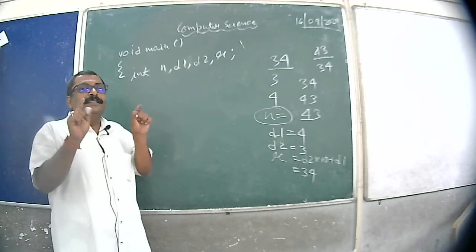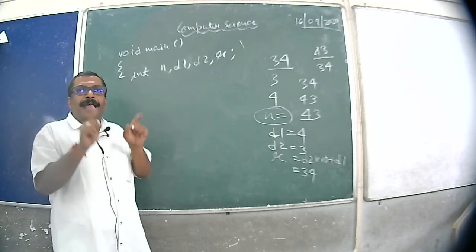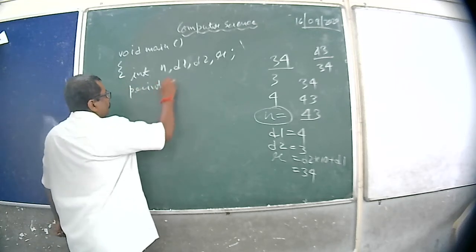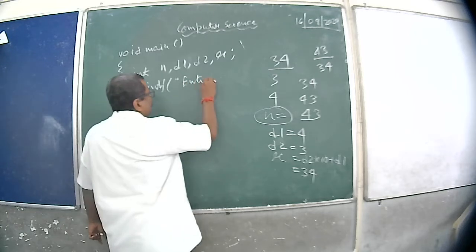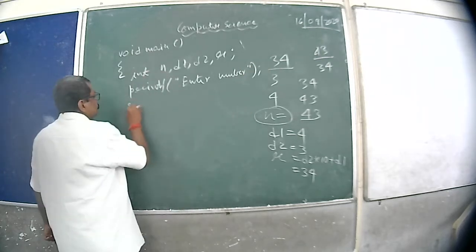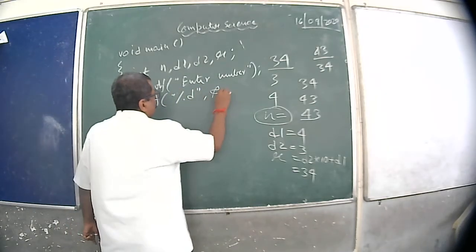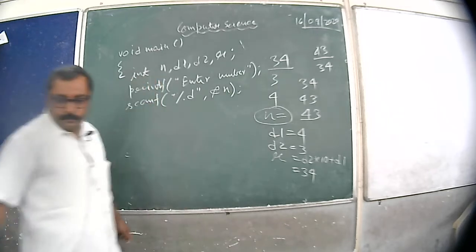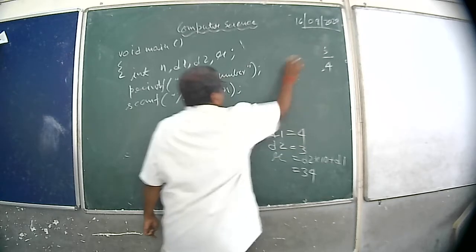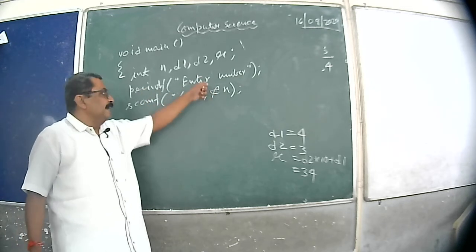For accepting a number, there are 2 separate functions: number 1 is for the message, and the second one is for accepting the number. printf: enter 2 digits number.